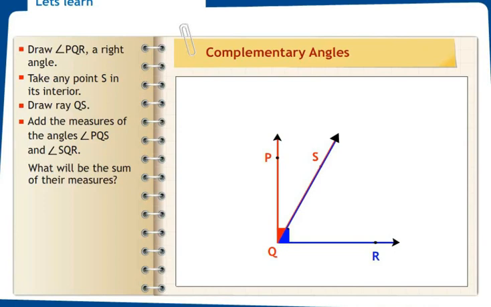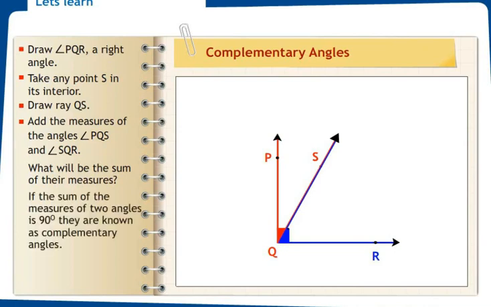Now if we add these two angles, what is going to be their sum? You will find if the sum of the measures of two angles is 90, then they are known as complementary angles. In simple words, they can be a pair of adjacent angles or any two angles, not compulsorily adjacent.